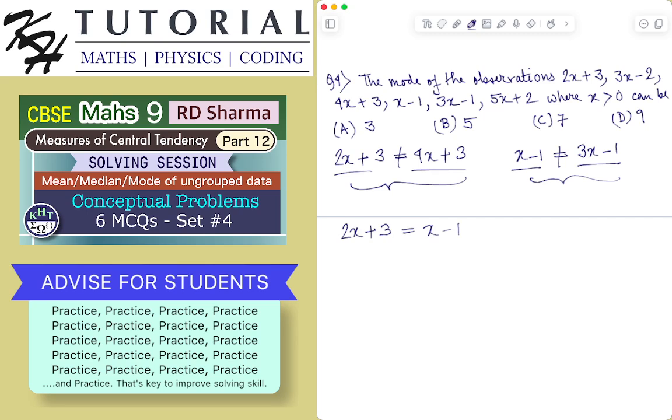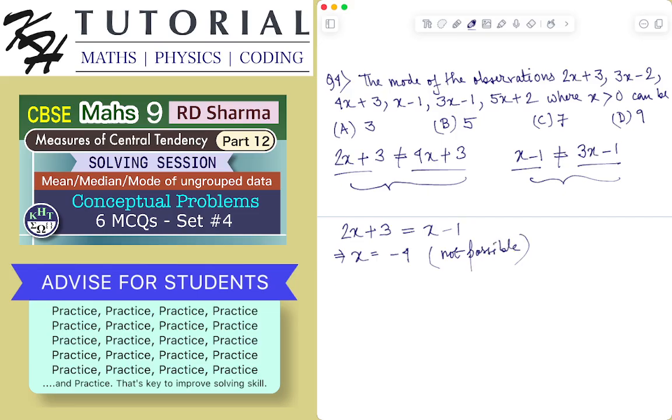If I'm trying to see whether 2x plus 3 can be equal to x minus 1 or not, then I will get x equal to minus 4, which is not possible because it is given x is greater than 0. So obviously not possible.